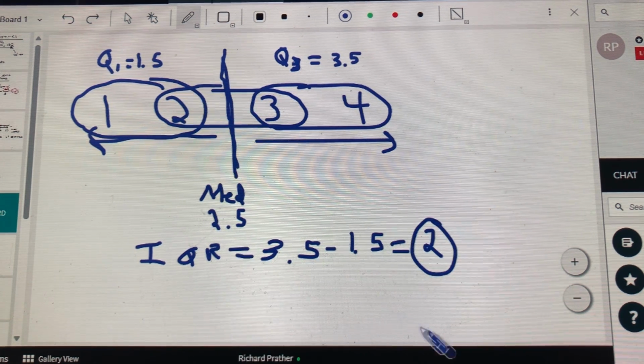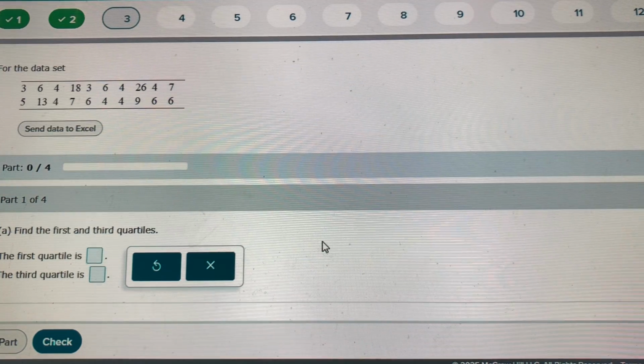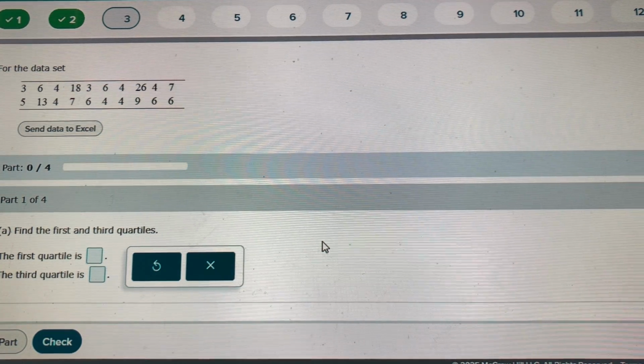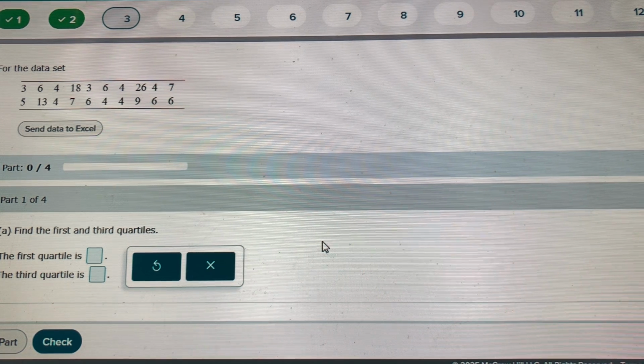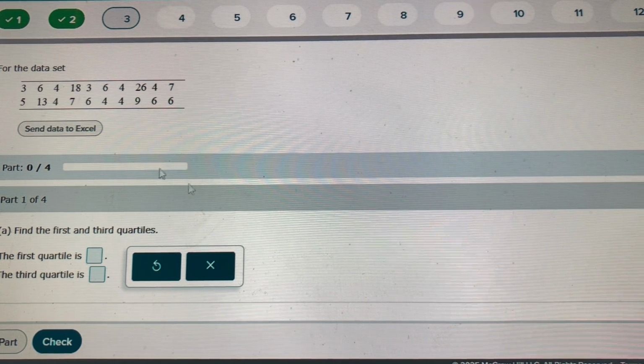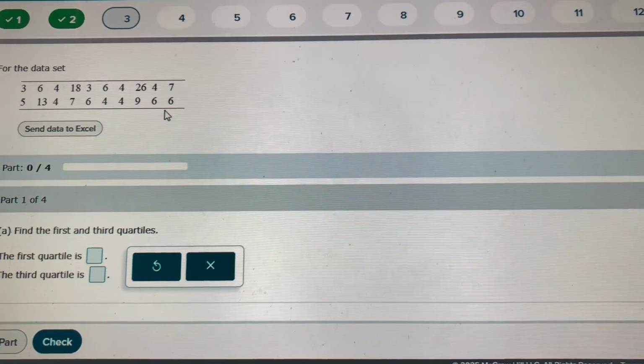So if you want to do a problem like number 3 here, you can do this by hand if you want. Write every number down in a long line in order from lowest to highest. Find the median. It'll either be 1 or 2 numbers in the middle. Here it'll actually be 2 in the middle because I can tell there's an even amount of numbers. Then draw a line right down the middle, and there'll be 2, 4, 6, 8, 10 lower numbers and 10 bigger numbers.